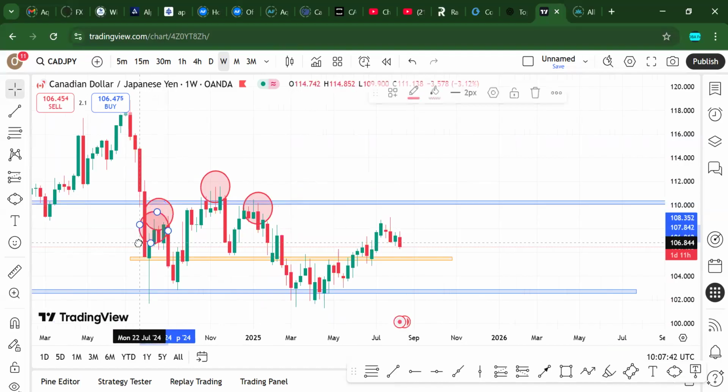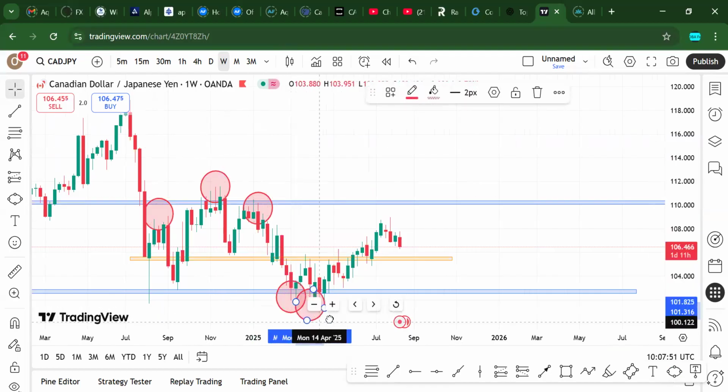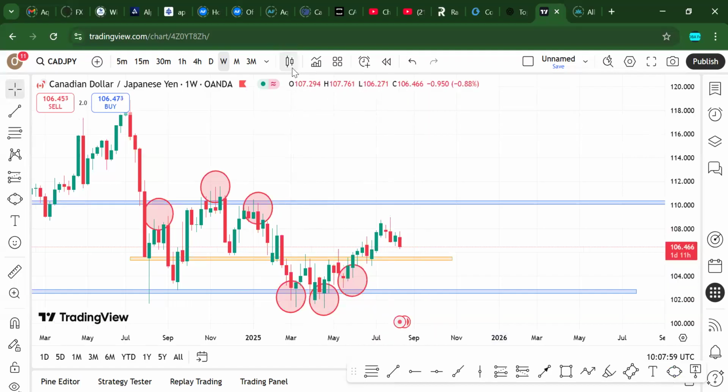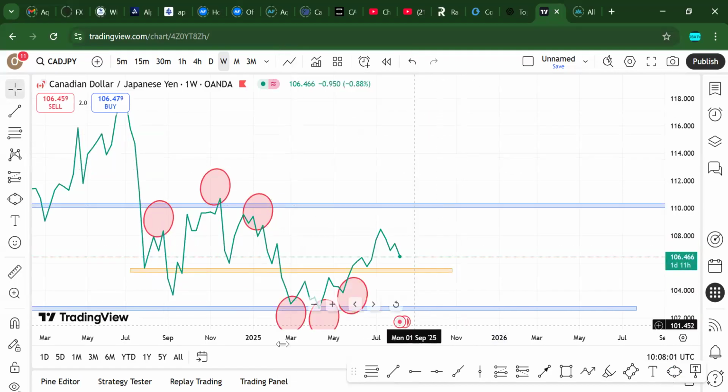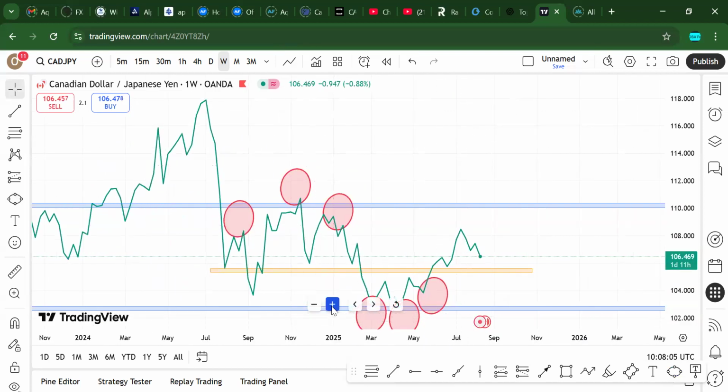So like I said, what we try to do is paint a proper story to help our analysis. So that was the left shoulder, the head, and the right shoulder. To see this clearly, we can go to the line charts. So you can see that this is much clearer.